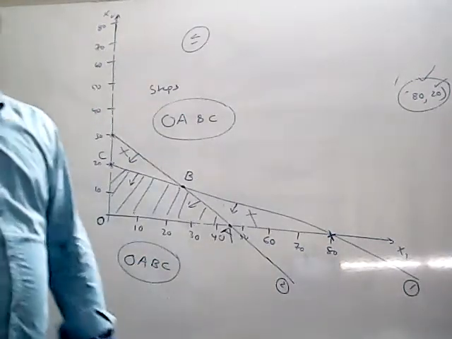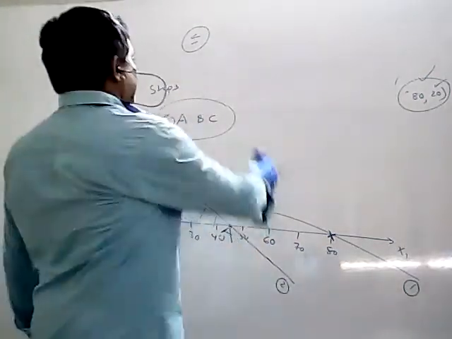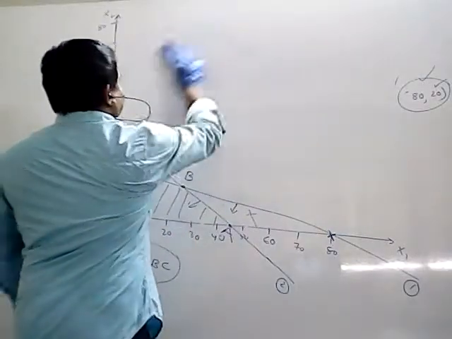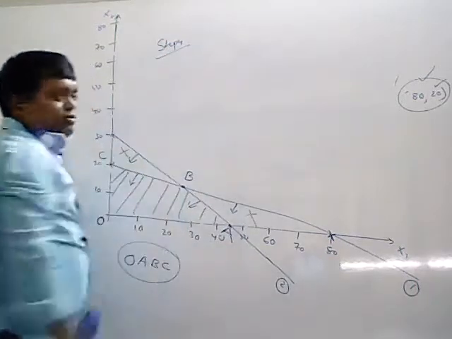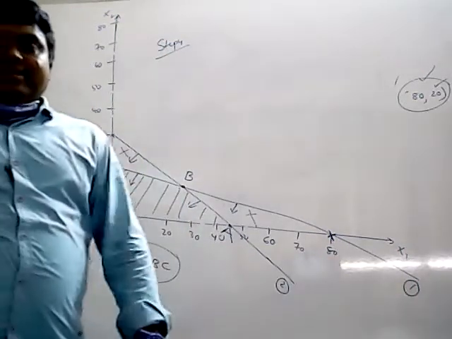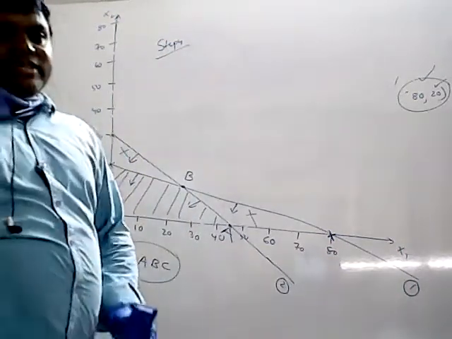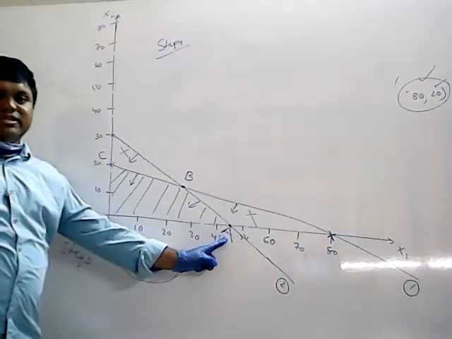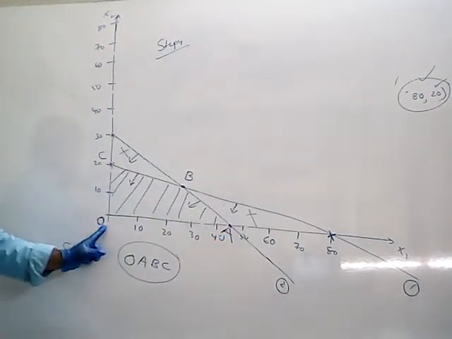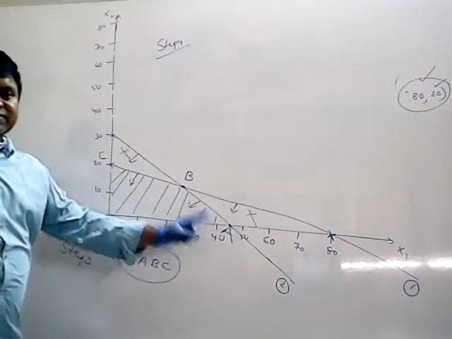Next, step number 4. Now what is step number 4 in the graphical method? Step number 4 is nothing but, now I know the feasible region and I know its corner points. Now you have to identify the corner points of the feasible region.